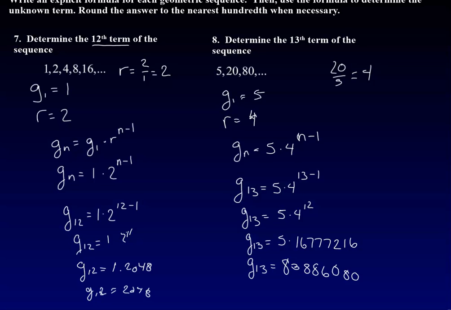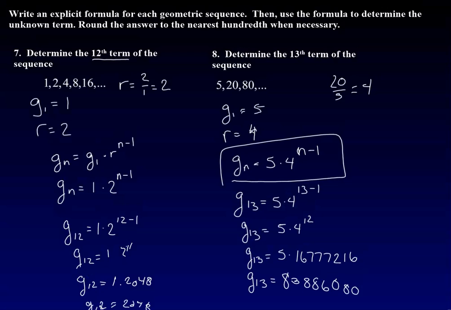Okay, so now that you've tried it, hopefully you found that G sub 1 is 5, r is 4. You wrote out your geometric explicit formula, and then you plugged in 13 for n. 13 minus 1 is 12.